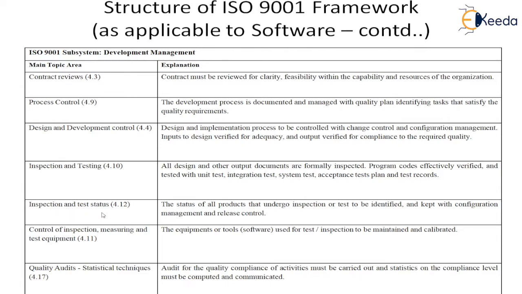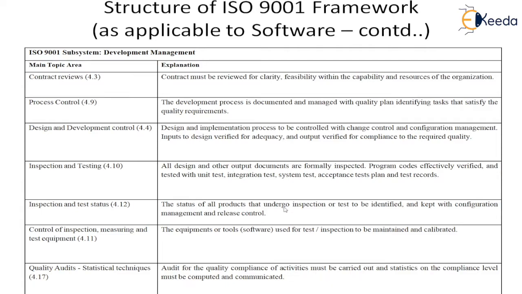Then you come to the inspection and test status. The status of all products that undergo inspection or test has to be identified and kept with configuration management and release control. That means we have to first describe all the work products that come out from the development life cycle, which will have to be inspected and tested.